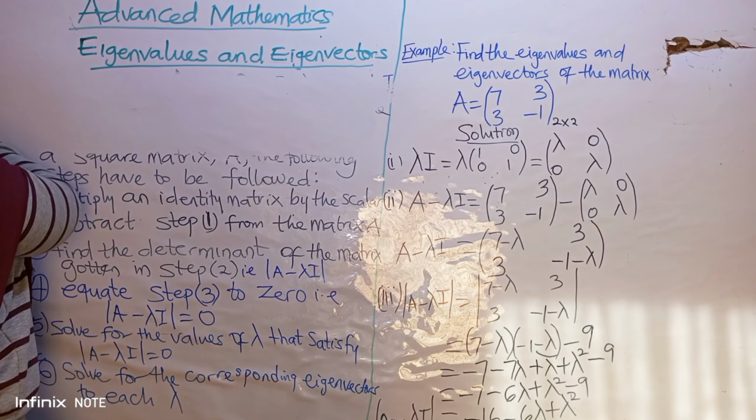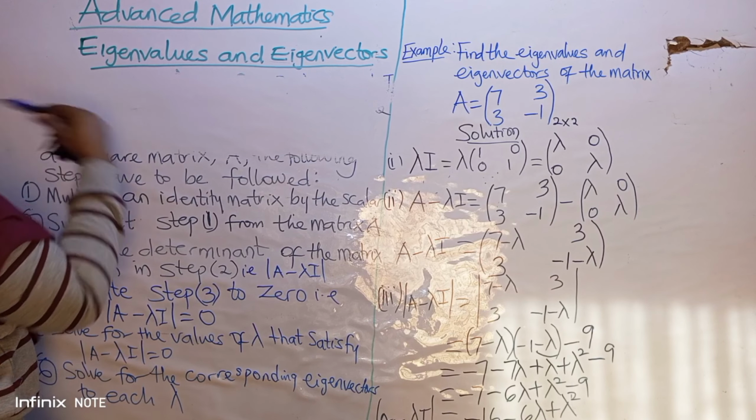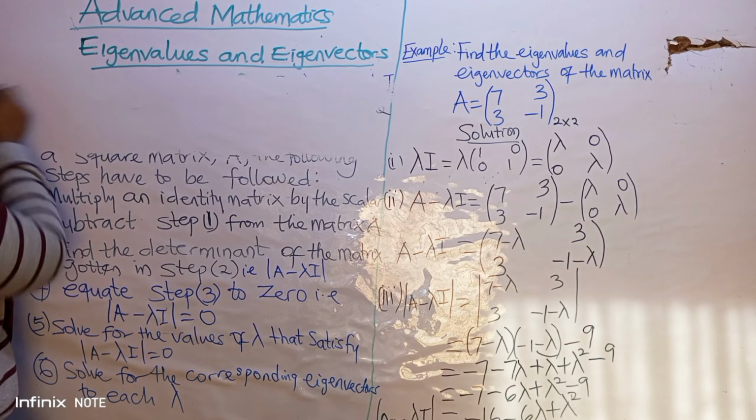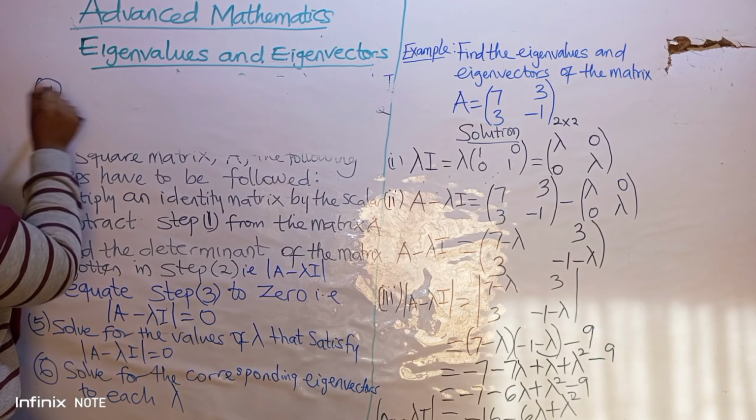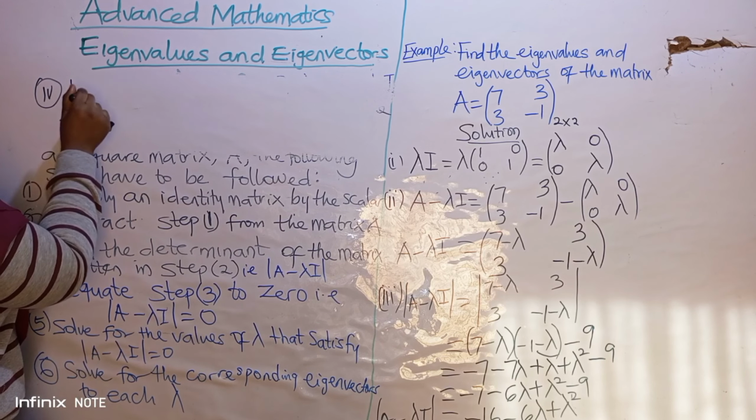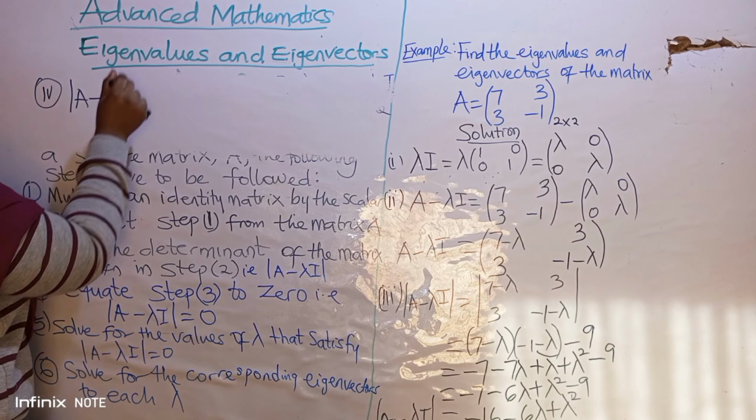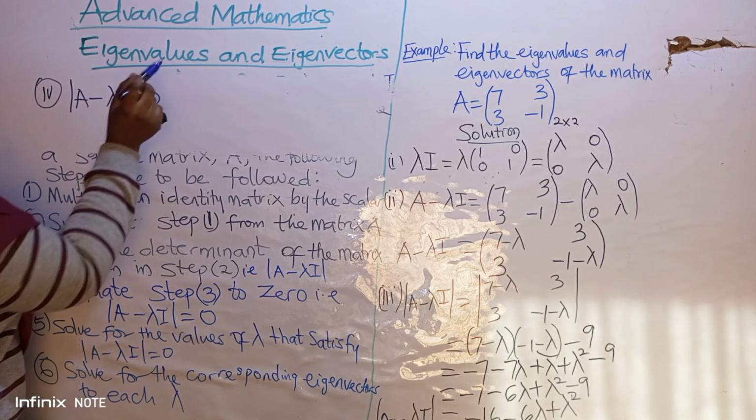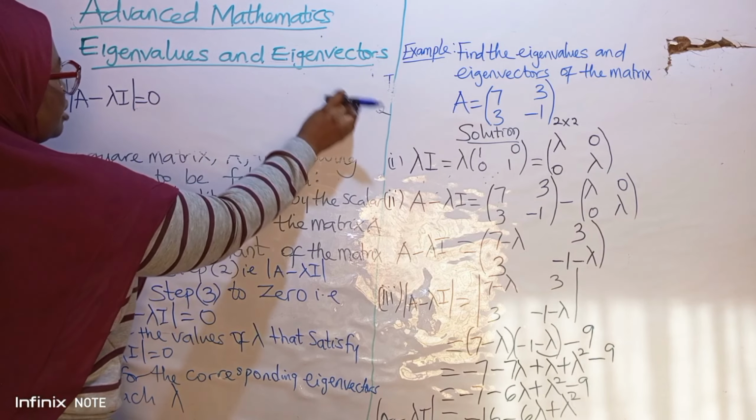So that means determinant of A minus lambda I equals 0. I want to equate it to be equal to 0.